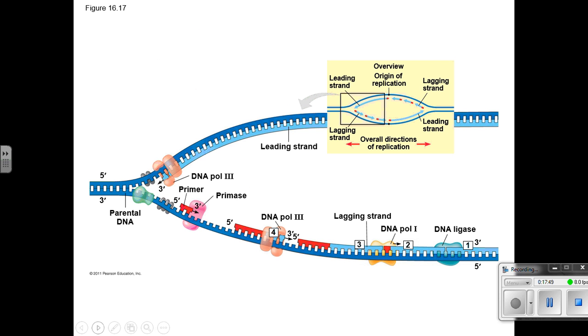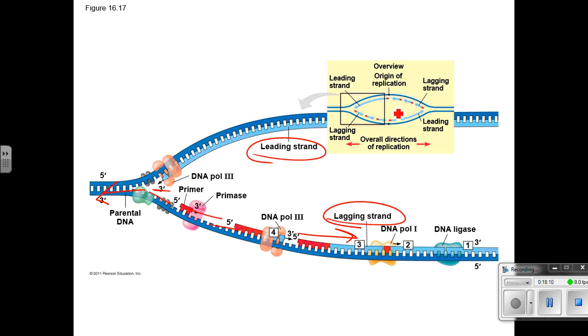So you can kind of see it here. If it's unzipping this way, and DNA is synthesized this way, every time you open this up here, you're going to have to restart a primer, and it's going to go that way. So this is what we call a lagging strand, and the one that's synthesized continuously is called the leading strand.